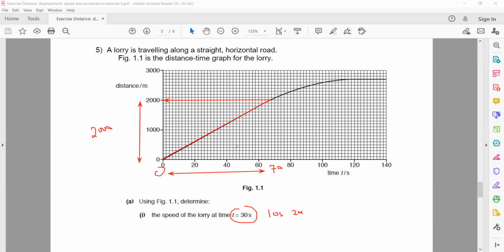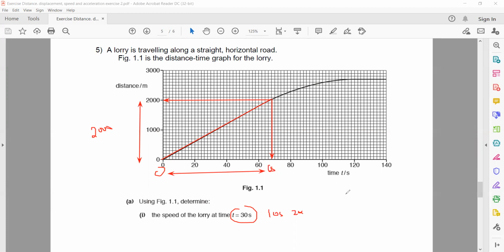And what about the time interval? When I check this time axis, each box is representing 2. So this is 62, 64, 66 and 68. So the time interval is 68.